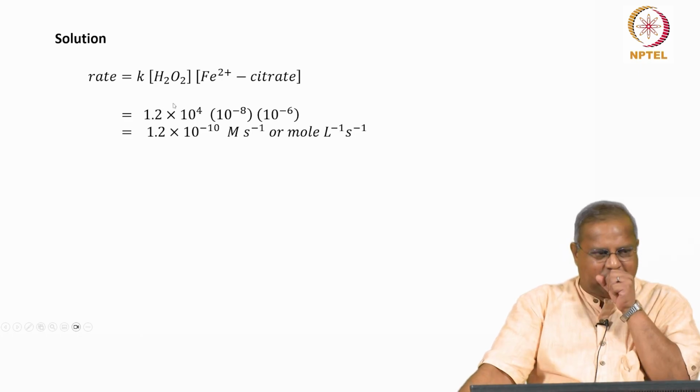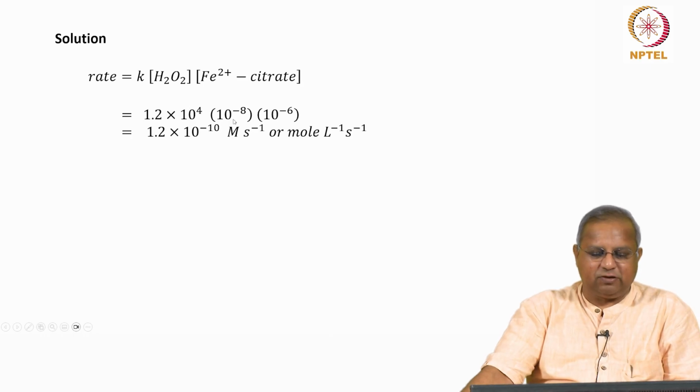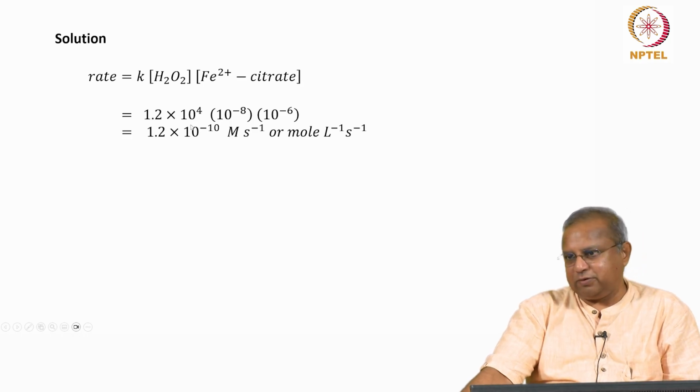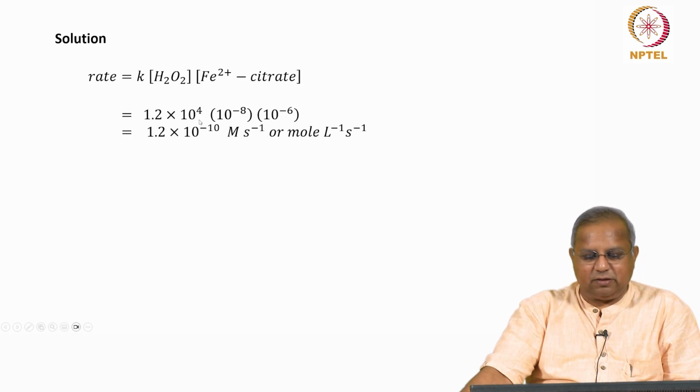The numbers given: hydrogen peroxide concentration in the cell 10 power minus 8, ferrous citrate concentration 10 power minus 6, and therefore the rate is this much, 1.2 into 10 power minus 10 moles per liter per second. This appears small, 10 power minus 10 in terms of the rate, but don't be seduced by that.